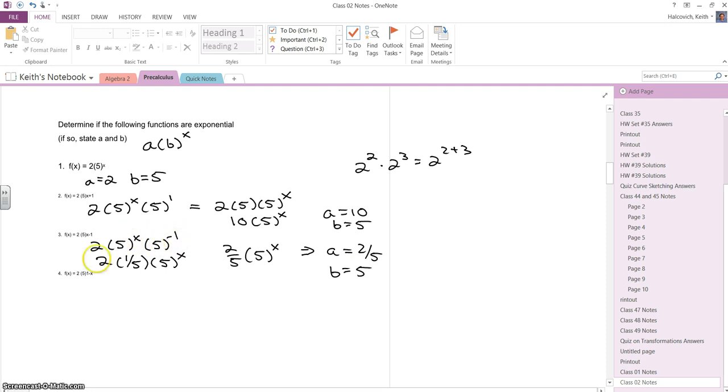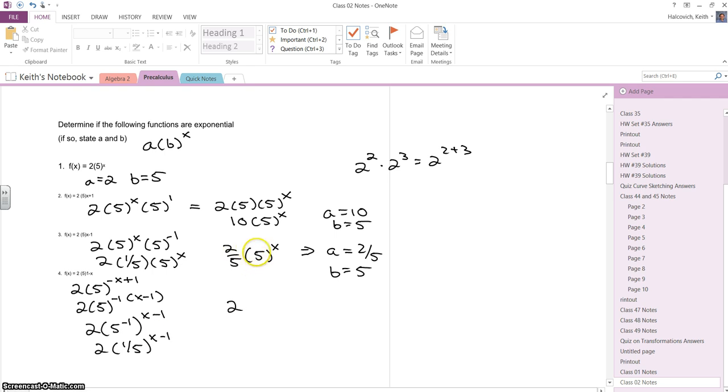For the bottom one, if you rearrange it, you have 2 times 5 to the negative x plus 1. You can take out the negative sign like that. So this is really 2 times 5 to the negative first to the x minus 1. Well, 5 to the negative first is 1/5.